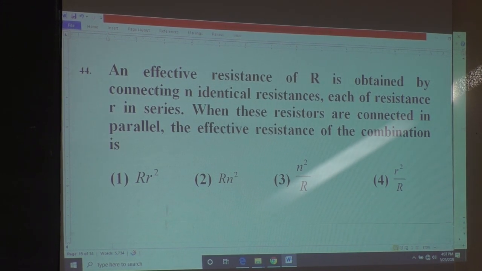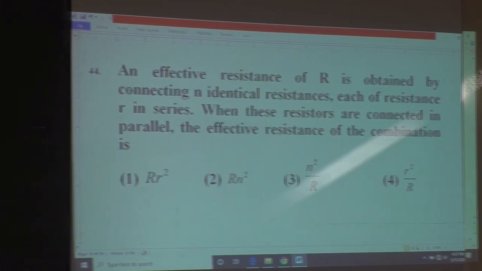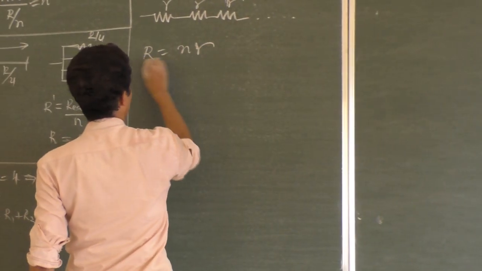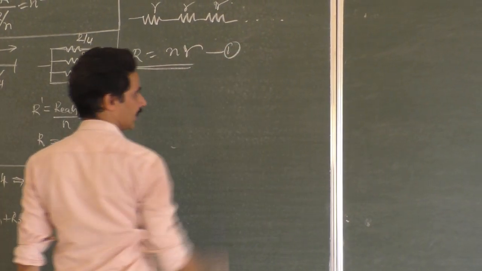An effective resistance of R is obtained by connecting n identical resistances, each of resistance small r in series. I will connect small r's in series, n times, and effective resistance is R, which is nothing but nr. So this is equation 1.